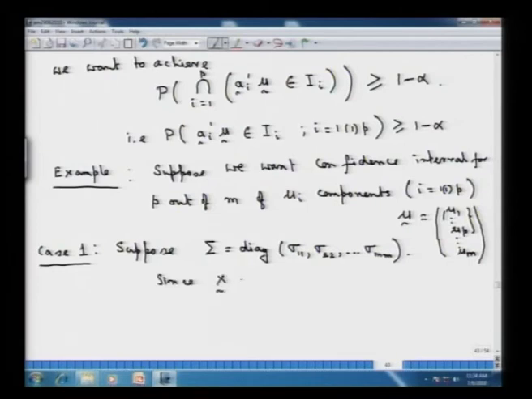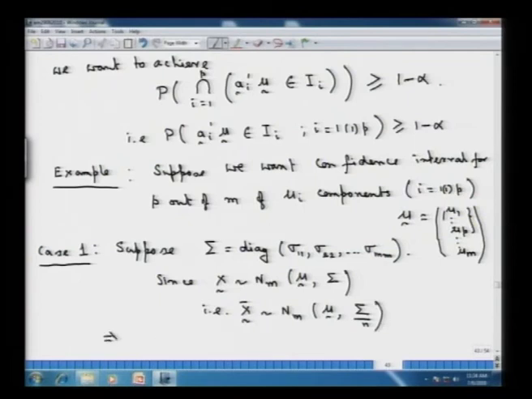since we have x bar to be multivariate normal with mean vector mu and a covariance matrix sigma by n, in other words, this x bar has a multivariate normal distribution with mean vector mu and covariance matrix sigma by n.